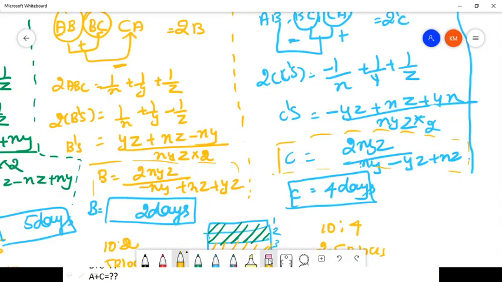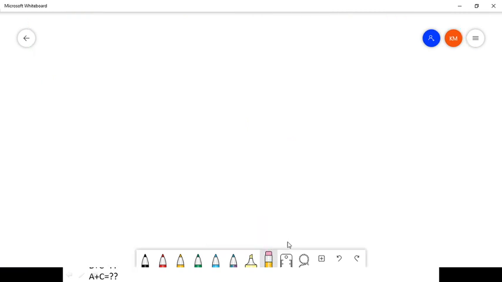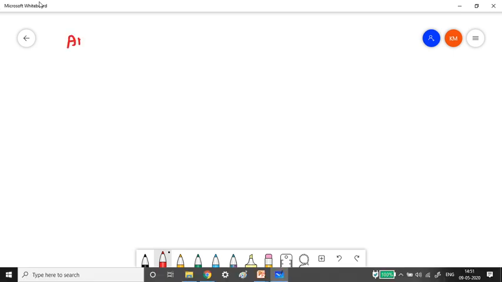Okay, let me clear. This is what I solved for you in the last video. In this video I'm just going to derive the formula alone. You are going to solve it with the values which are available in the previous video or previous slides. Now, what they have given: A, B, C can do the work in S days.